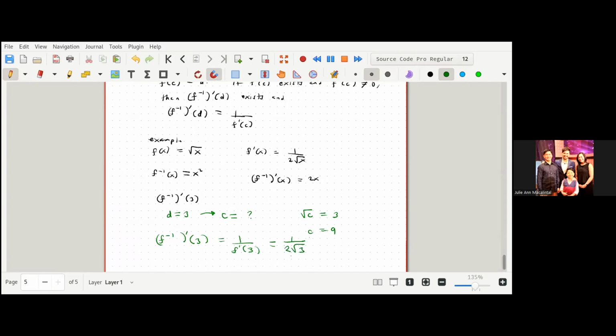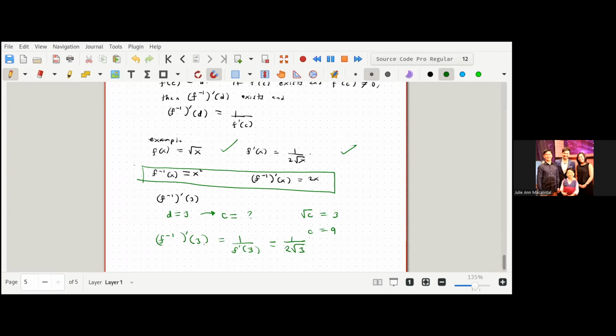So notice, in this method, we don't actually need to get the inverse. We can skip this so long as we know these two. Then we know at which point to evaluate the inverse. As long as we know this, we can solve for what c gives 3, then we can evaluate the inverse at 3.